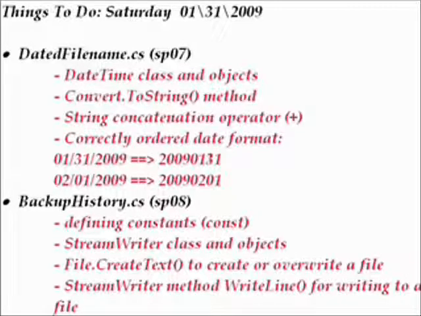And the name of the sub-program is datedfilename.cs. And it's essentially a way of getting a date from the system and then putting it in a format that is sortable. It's automatically sortable by the directory system, actually.